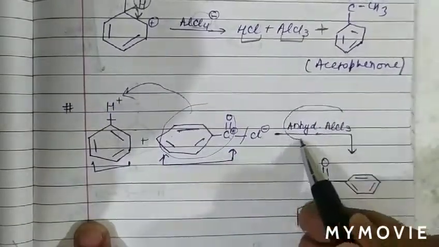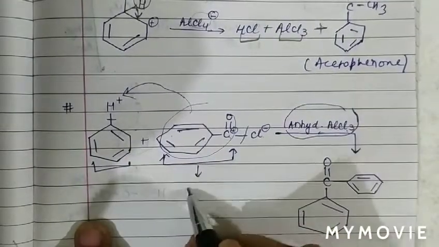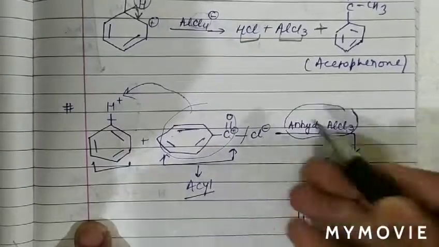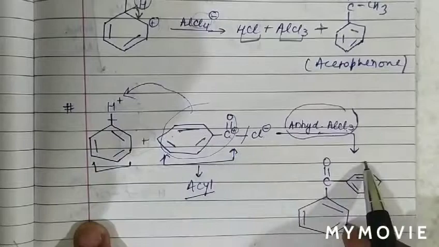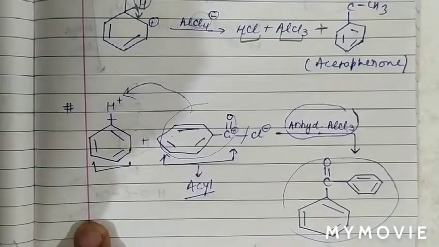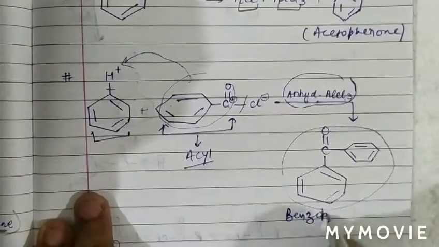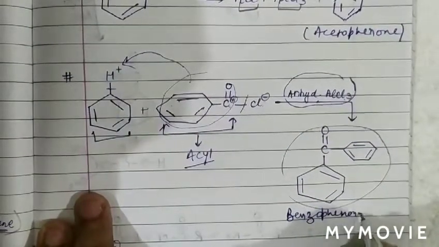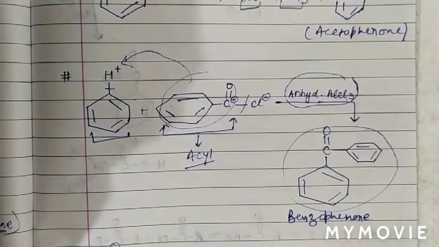In presence of anhydrous AlCl3 the reaction will take place. So this is basically the acyl part. Now this electrophile will attack on the benzene ring and it forms this compound. This compound we call benzophenone. The name of this compound is benzophenone. So this is all about the electrophilic substitution reactions of benzene.